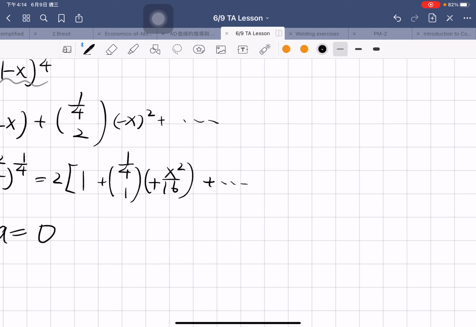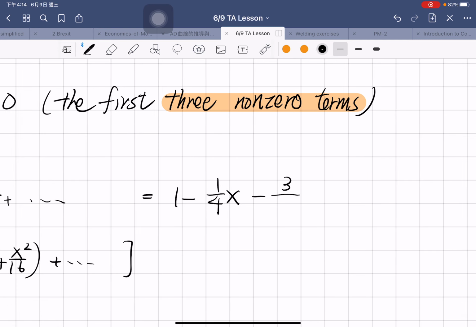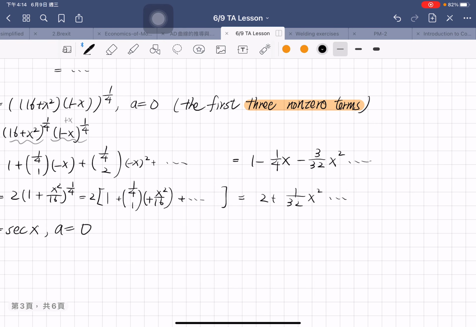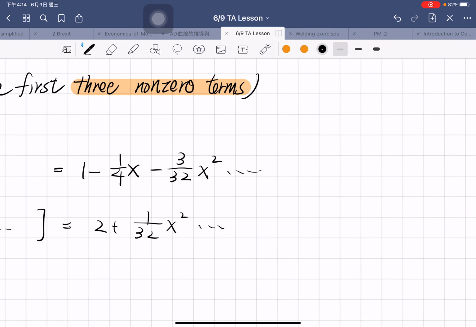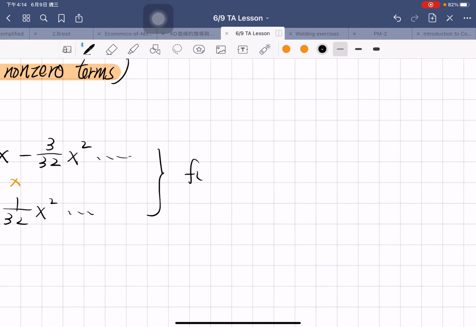And some non-important term. So at the end you'll get 1 minus 1 over 4x minus 3 over 32 x squared. And this will be 2 plus 1 over 32 x squared and some unimportant term. Okay, so we want the first 3 non-zero terms, so we multiply these 2 together, and at the end you will get f of x equal to 2 minus 1 over 2x.